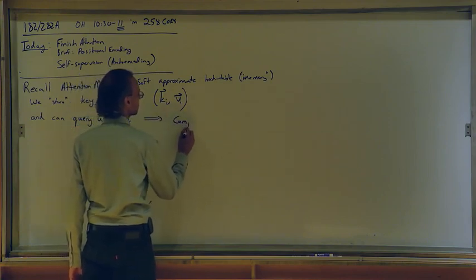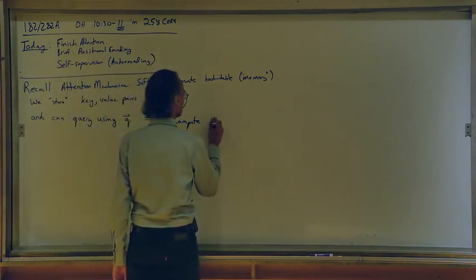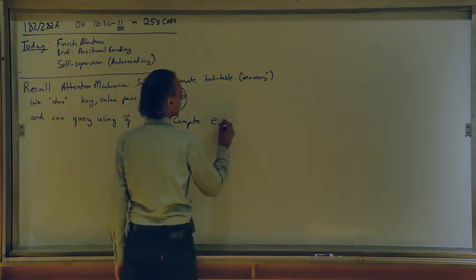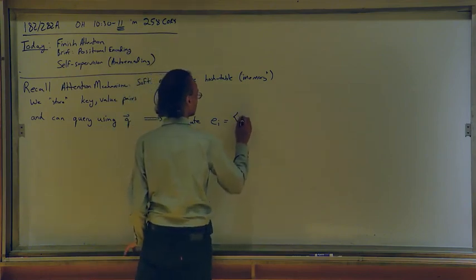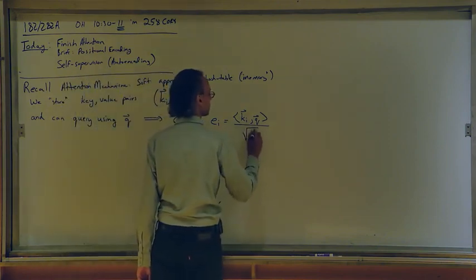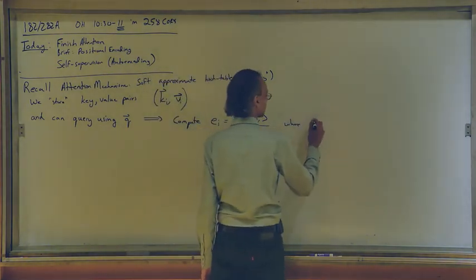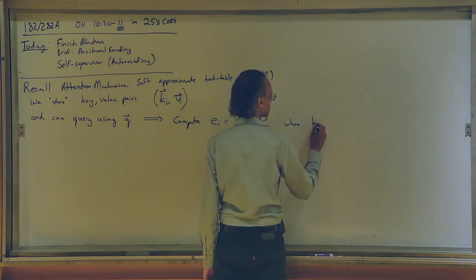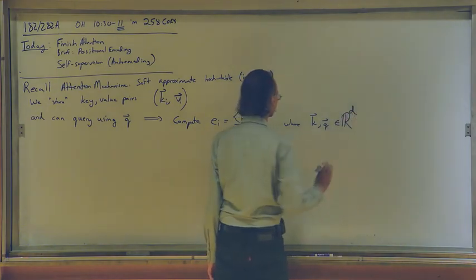We compute a preliminary matching score, right, of Ei, which is the match between, we can think of it as inner product, right, between key i and the query, which we normalized by the square root of dimension, where everything we're talking about here, the keys and queries, are in R^d.